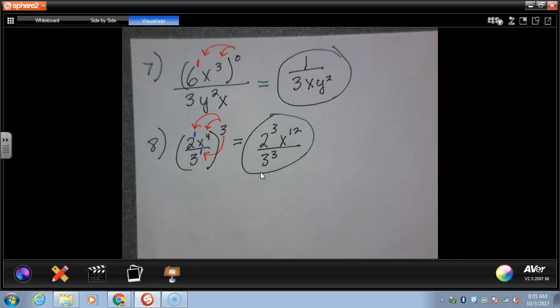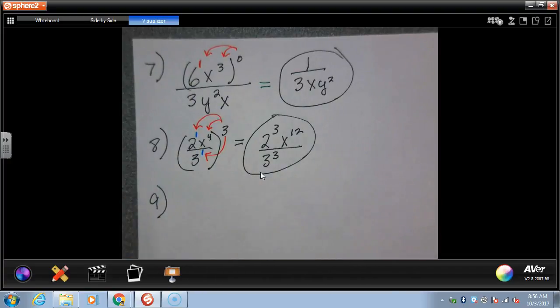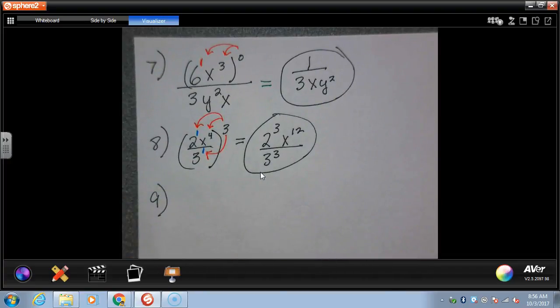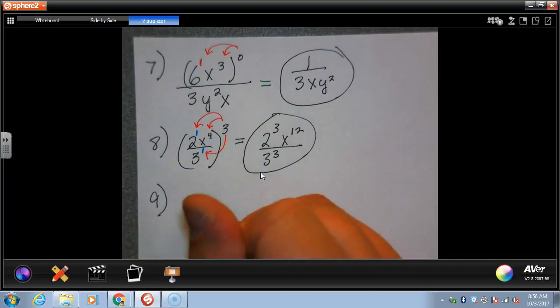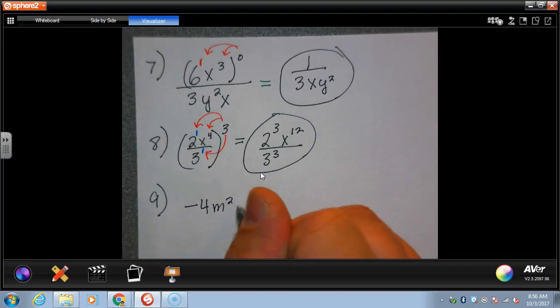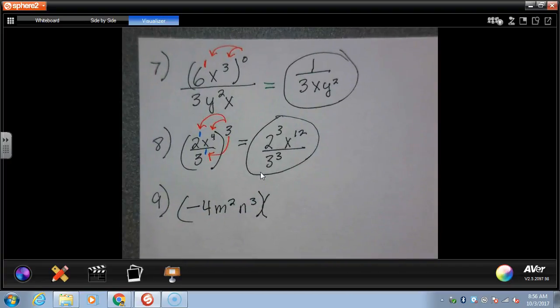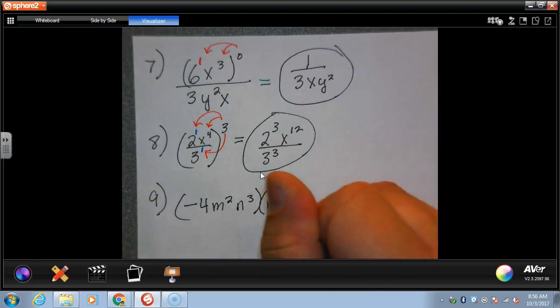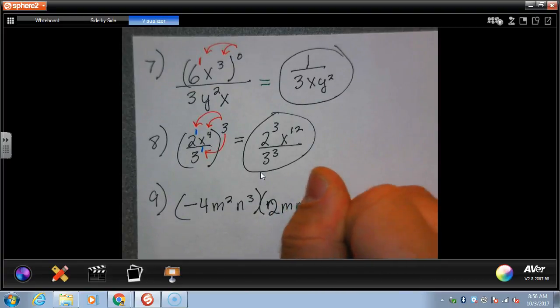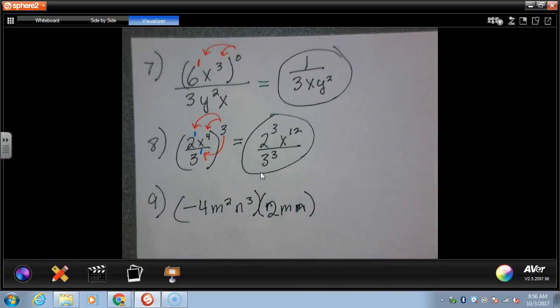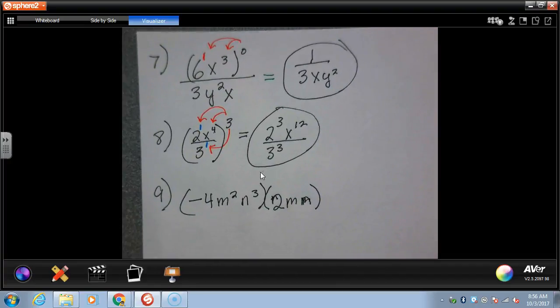Okay, number 9. Questions? Good. Number 9. Negative 4m squared n cubed times 2mn. Boy, I really screwed that up. I'm going to rearrange this.